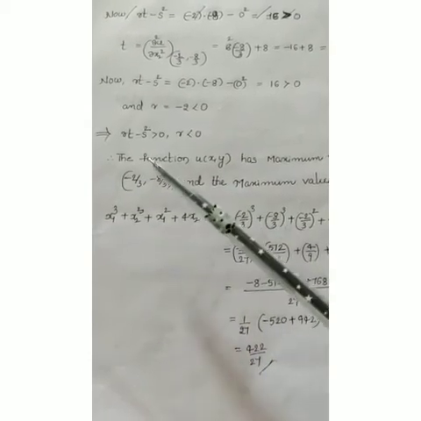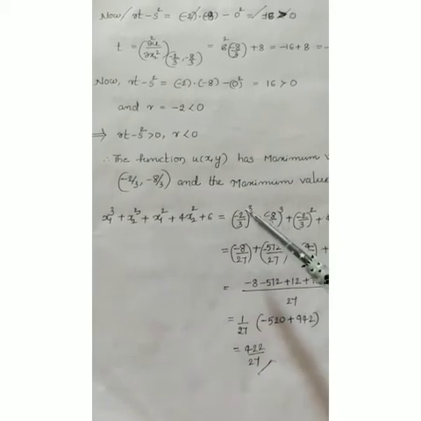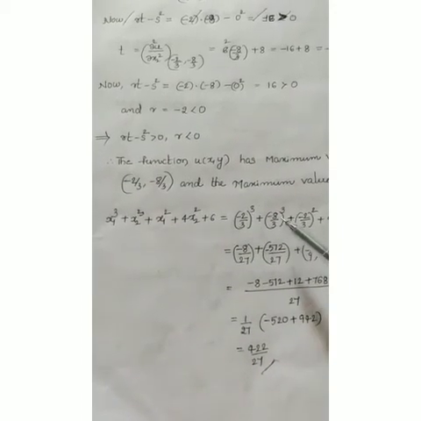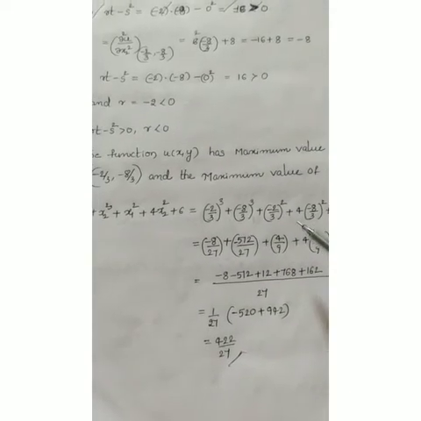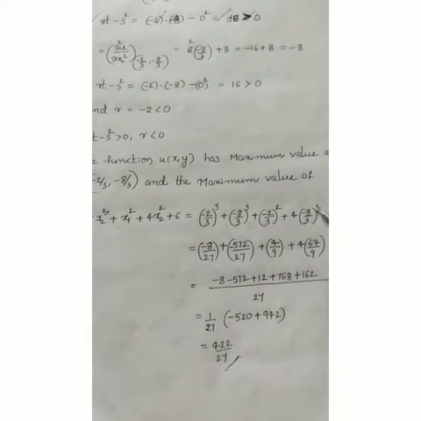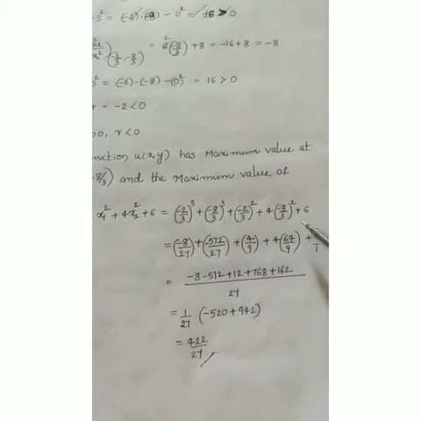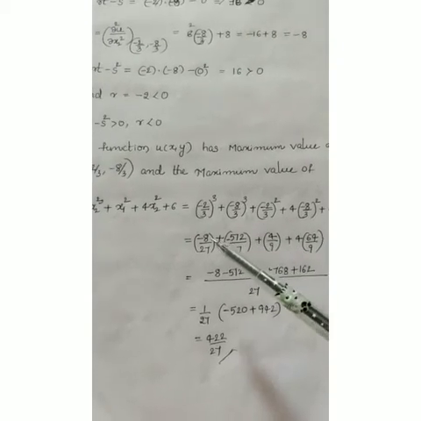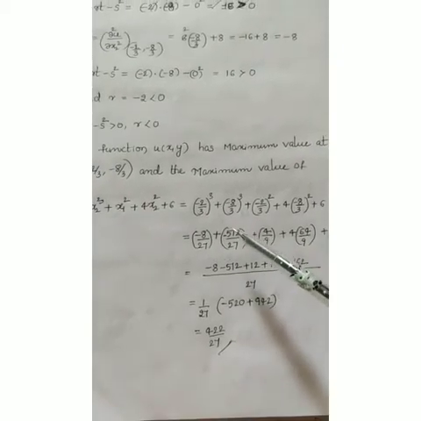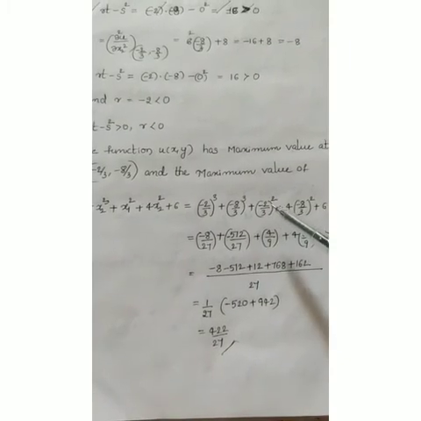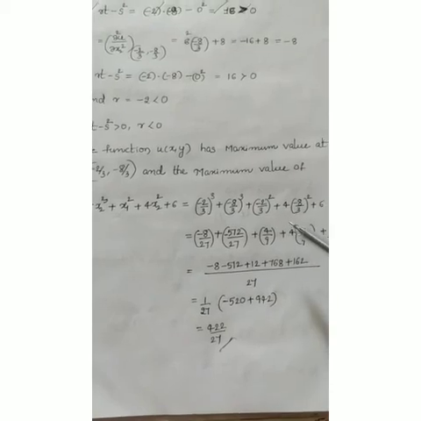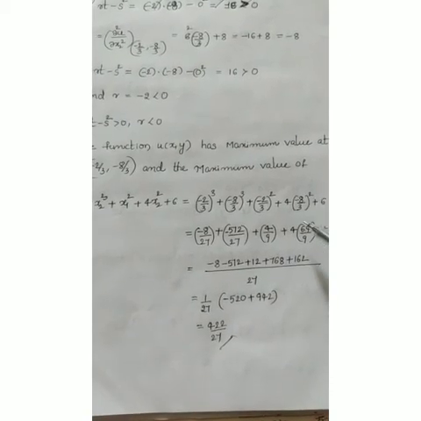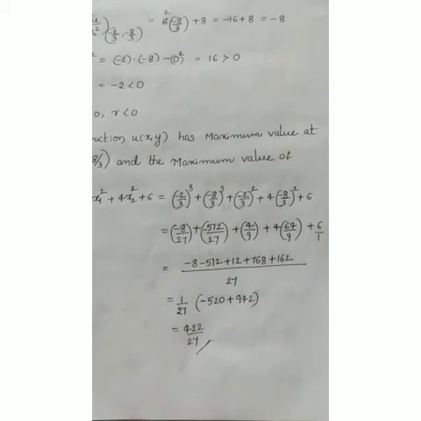Now substituting these points in this function, (-2/3)³ + (-8/3)³ + (-2/3)² + 4 into (-8/3)² + 6. Then simplifying, -8/27 - 512/27 + 4/9 + 4 into 64/9 + 6.